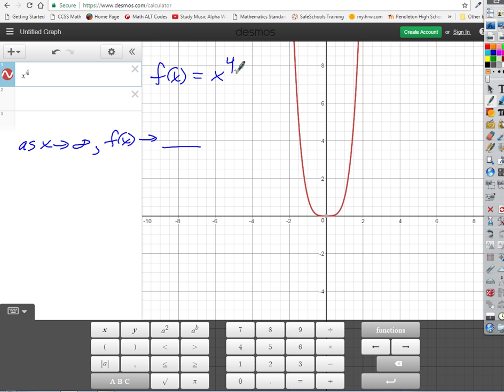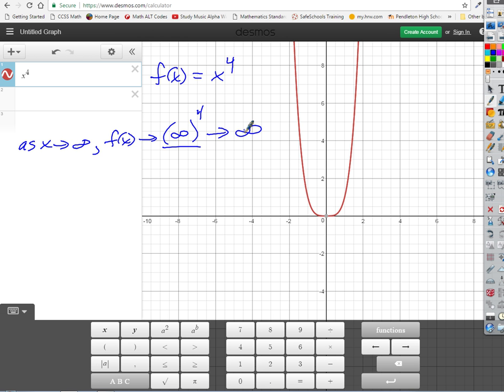We're saying as numbers get really, really big and positive, if I were to take them to the 4th power, what would I expect? Bigger numbers and positive, right? So think about this as f of x approaches positive infinity to the 4th, which really just means positive infinity, right? Does that make sense?